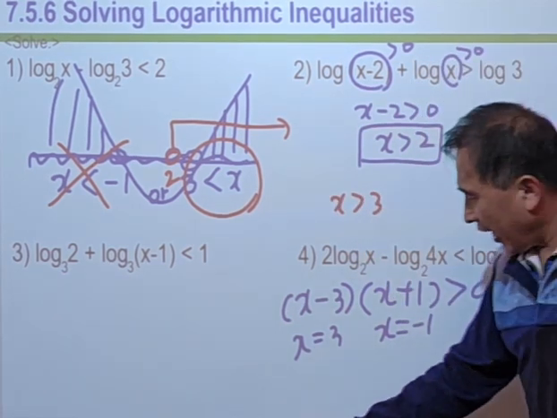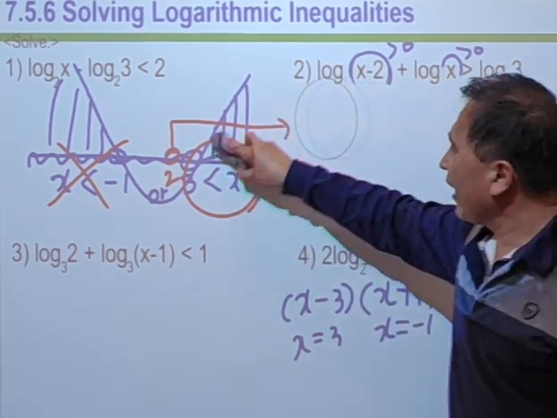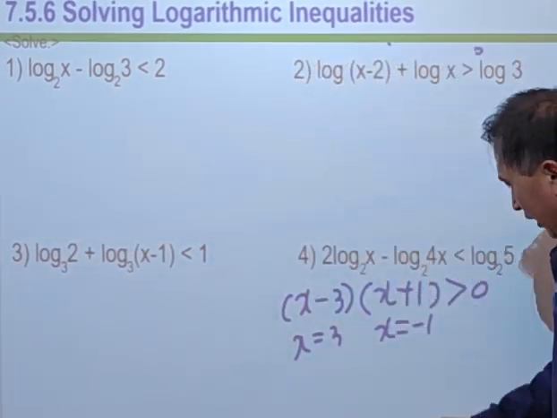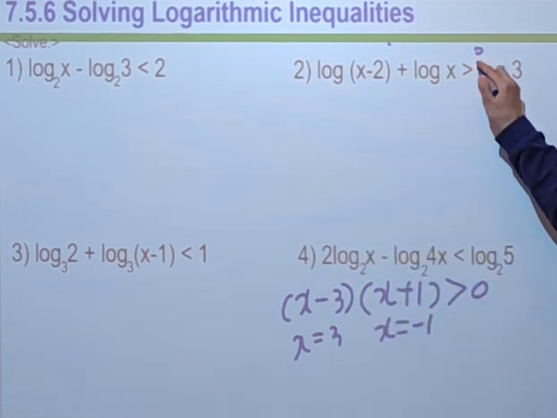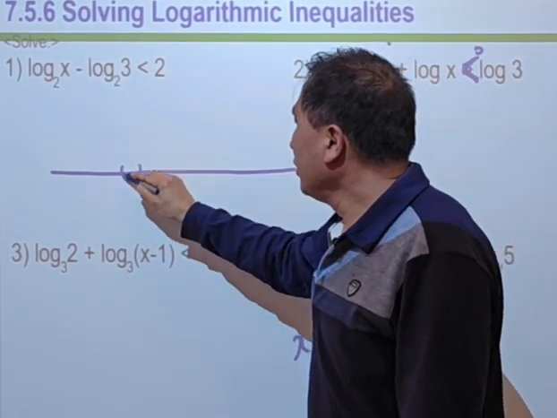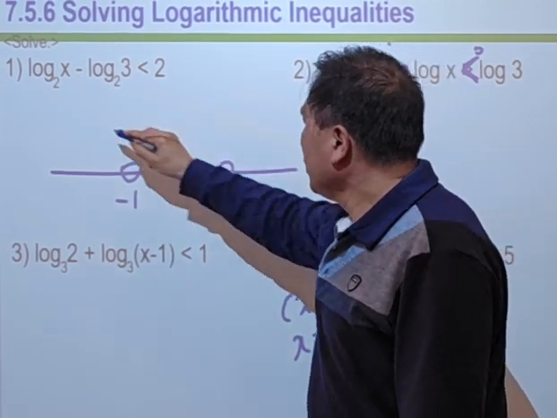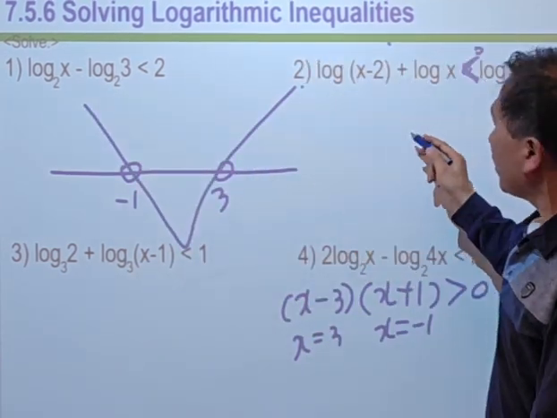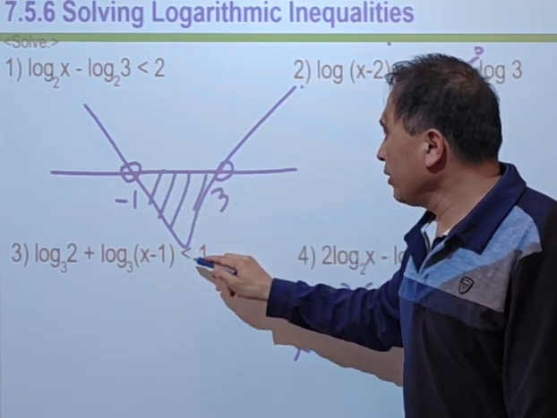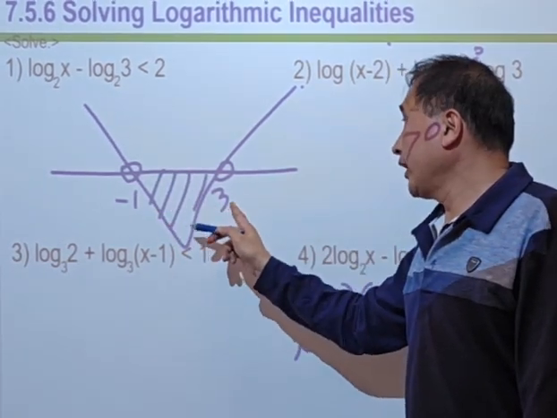Okay, but just in case, let's keep everything the same, but here the inequality is the opposite side. Then everything is the same. Only when you draw the line here, negative 1 and 3, the part smaller than 0 is this part. So the answer is going to be bigger than negative 1 and smaller than 3.